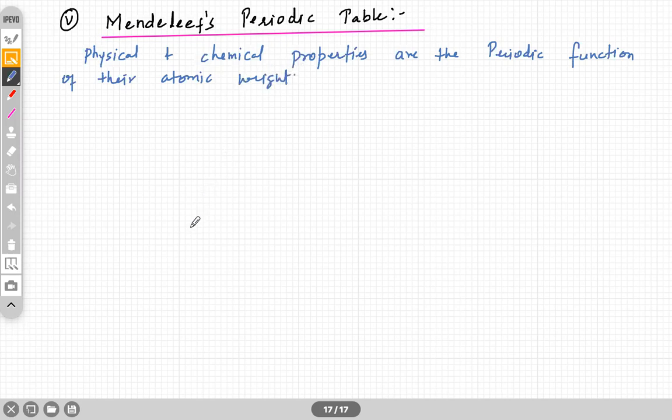Okay, he was the first scientist who actually arranged the elements in horizontal rows and in vertical columns.